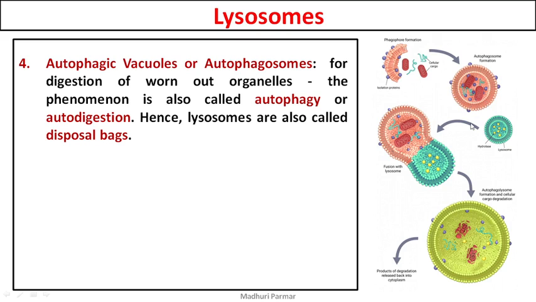This autophagosome will fuse with the lysosome, and when it fuses with the lysosome, the hydrolytic enzymes within the lysosome will start eating away at the organelles, and the organelles will be digested.